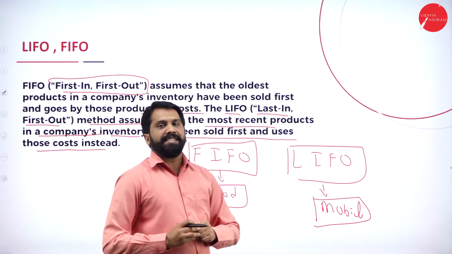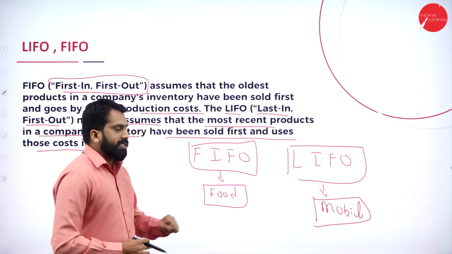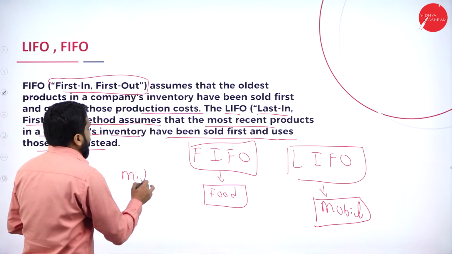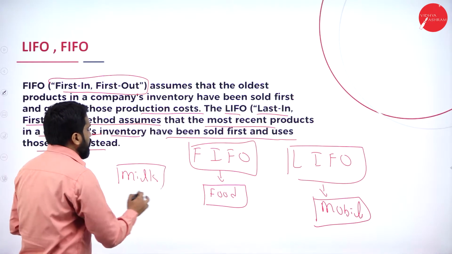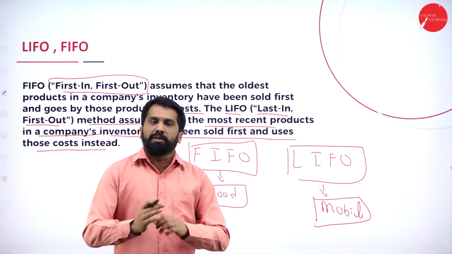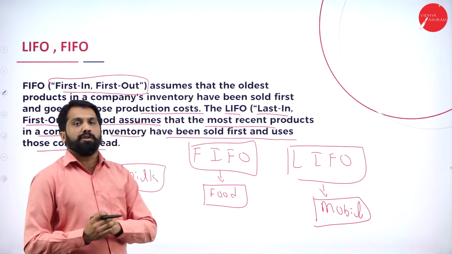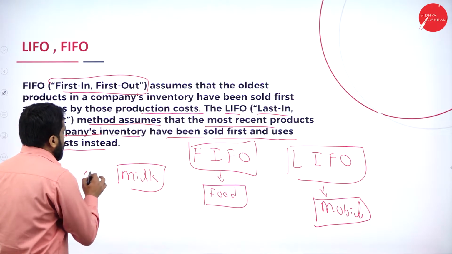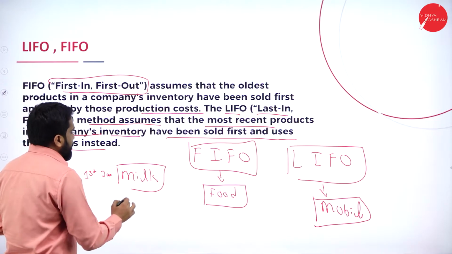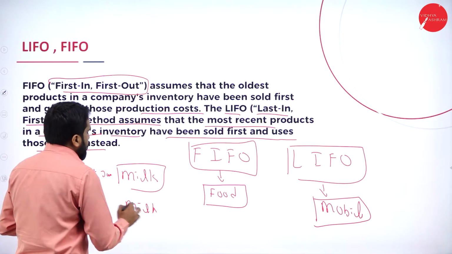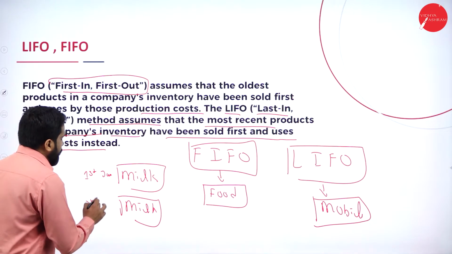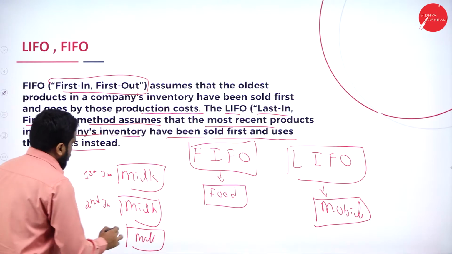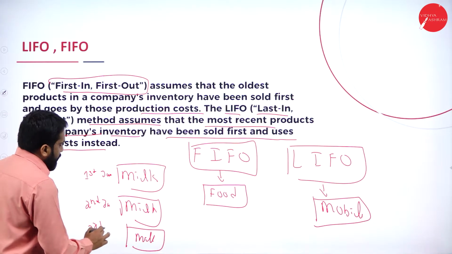Now, what is FIFO? Say you bought some food, like today you bought a packet of milk, half a liter. Then tomorrow you bought one more. The first packet was bought on 1st January, the second half-liter packet on 2nd January, and one more packet on 3rd January.